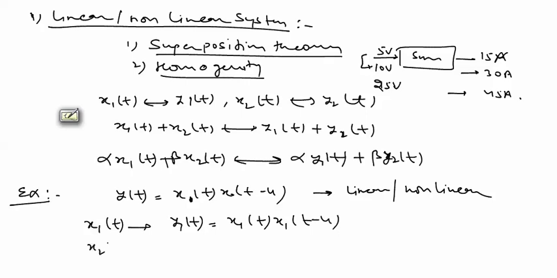If input x2 is applied, y2 is x2(t) times x2(t) minus 4. If the combination of these two is applied, x1(t) plus x2(t), the result will be y.